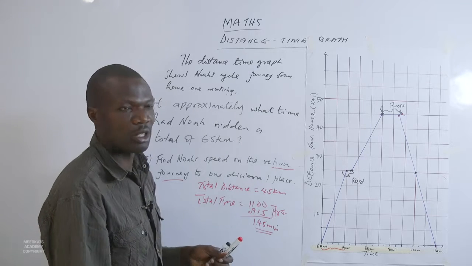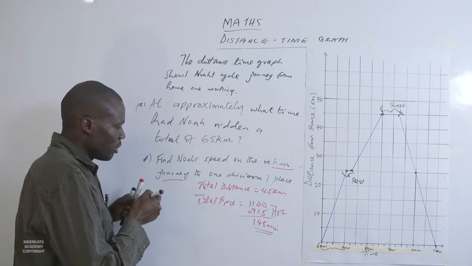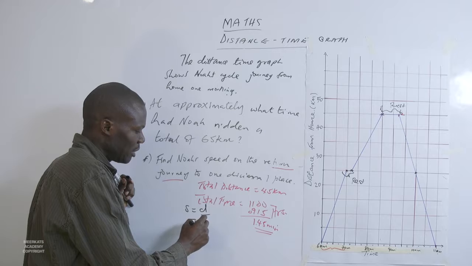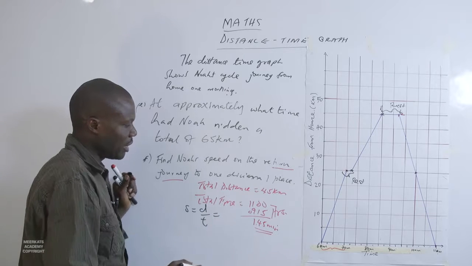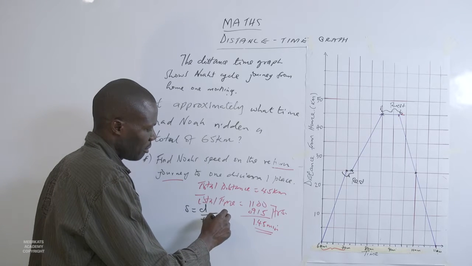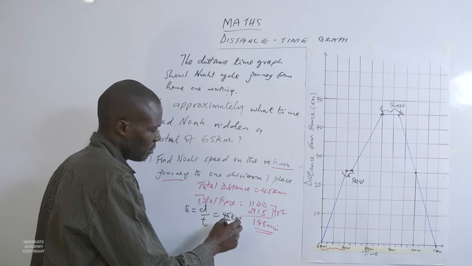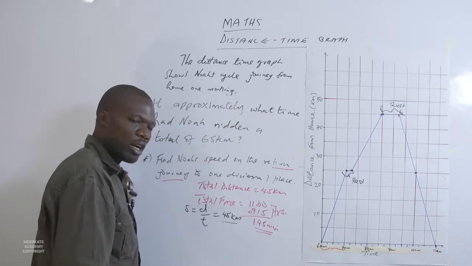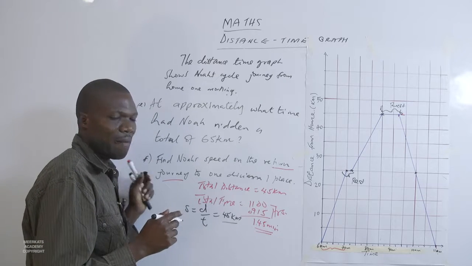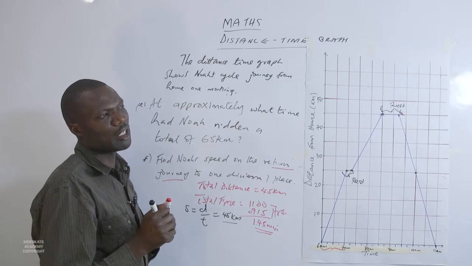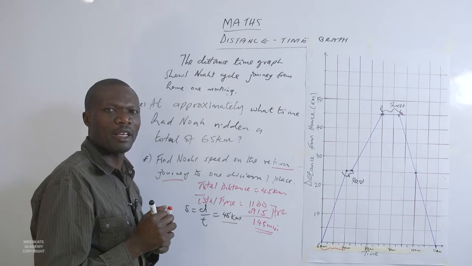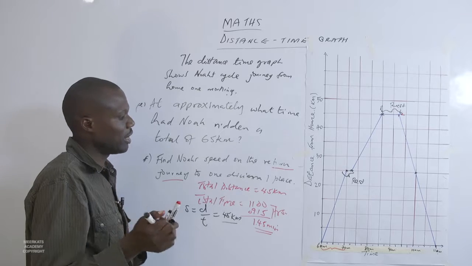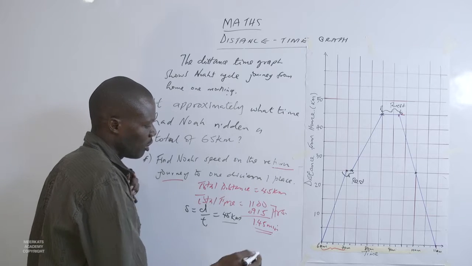So our question now is speed, which is S, given by d over t. And our d is 45. And our time is 1 hour 45 minutes. That is the same as 1 hour and 3/4 of an hour. So it is 1 and 3/4 hours, which can also be converted.